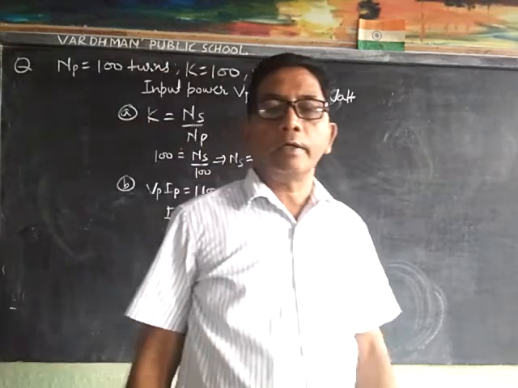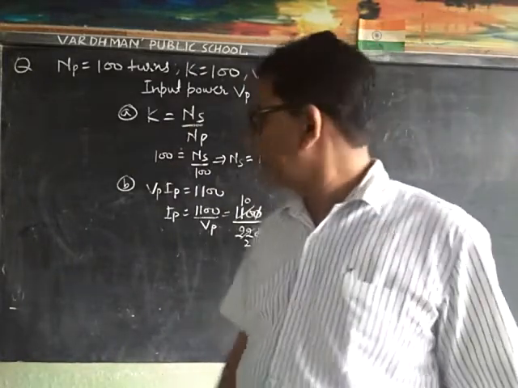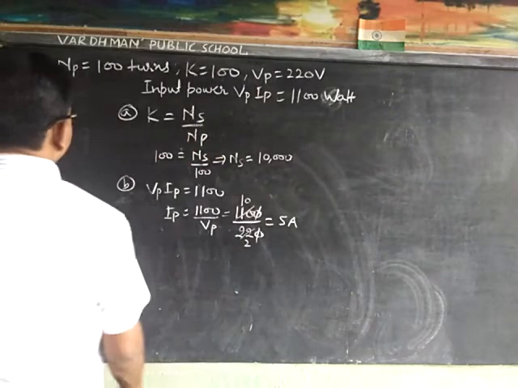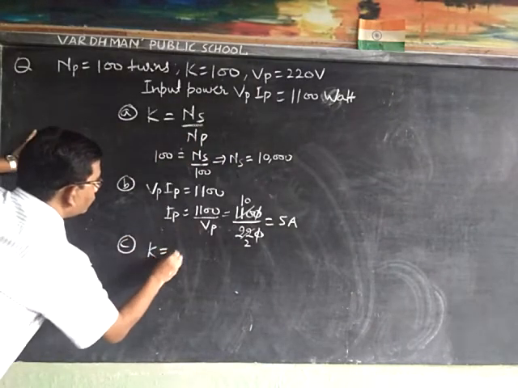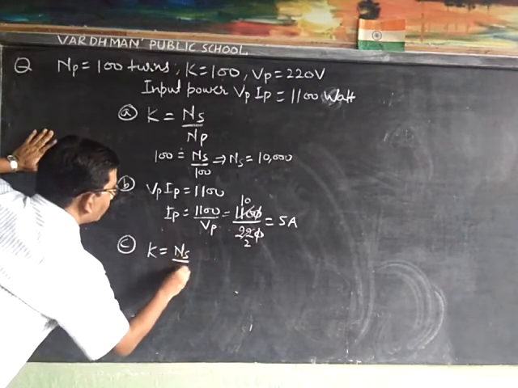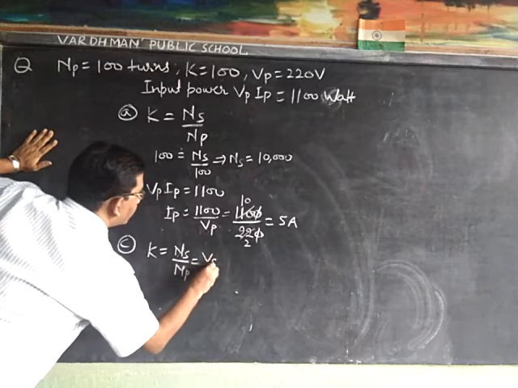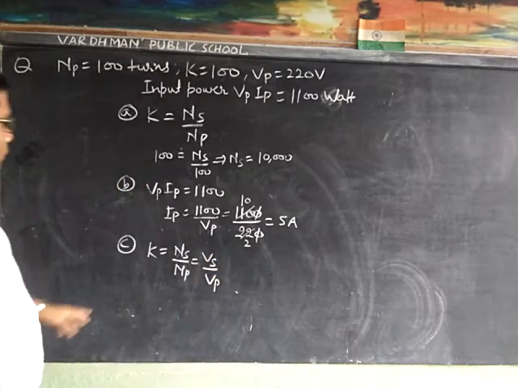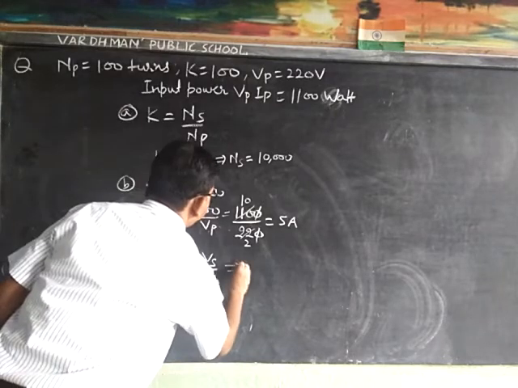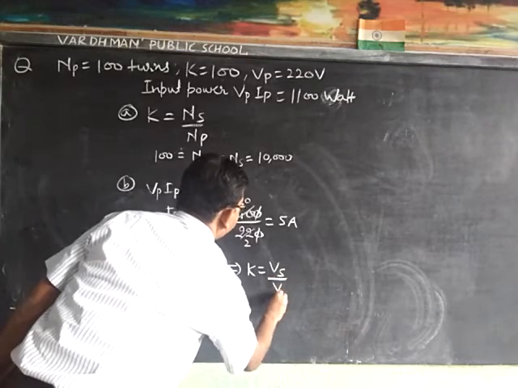Now third part, voltage across the secondary. We know K is equal to Ns upon Np is equal to Vs upon Vp. Now this implies K is equal to Vs upon Vp.